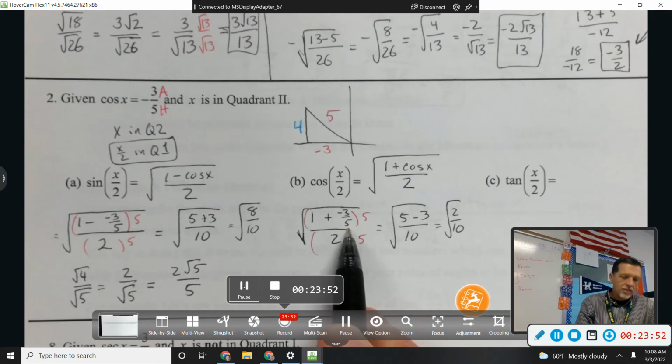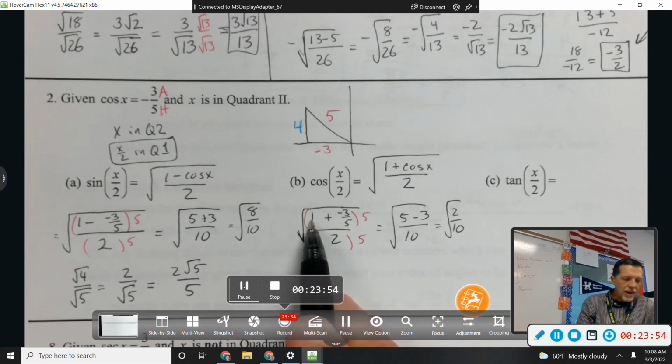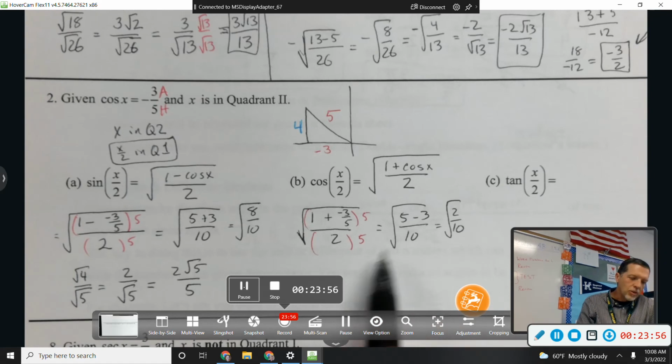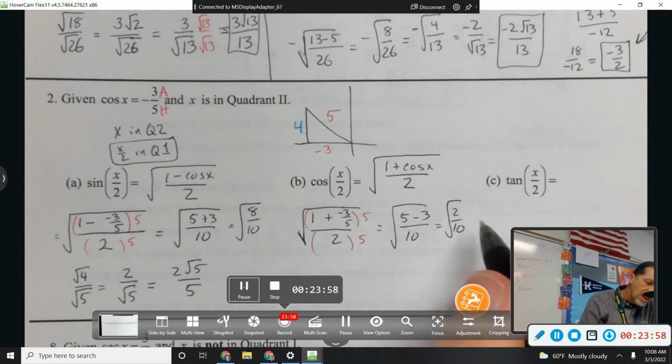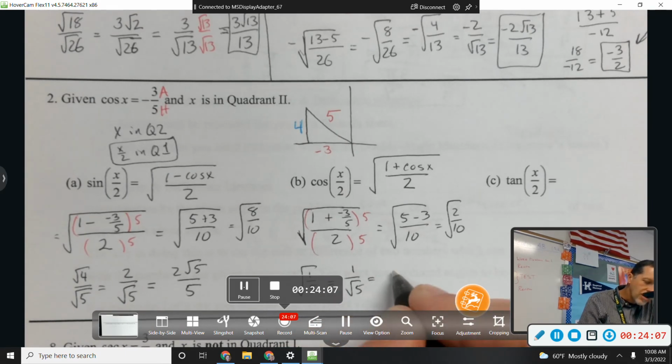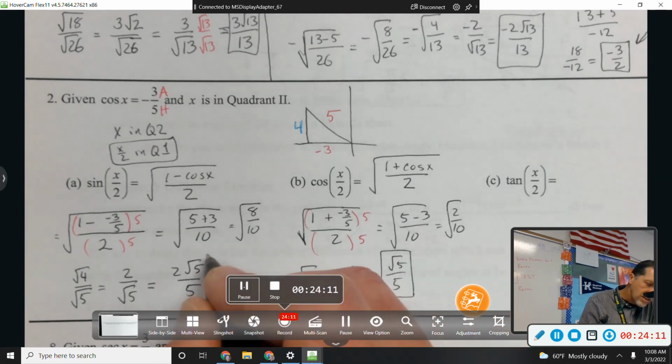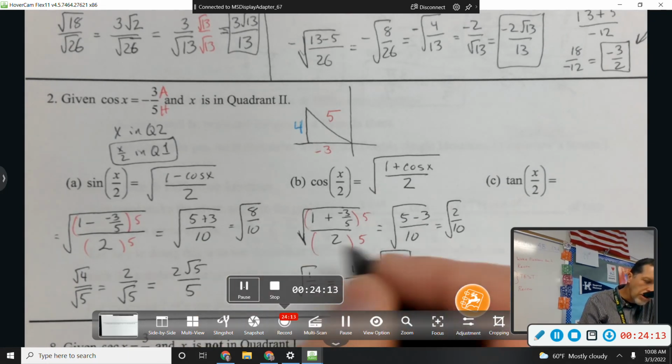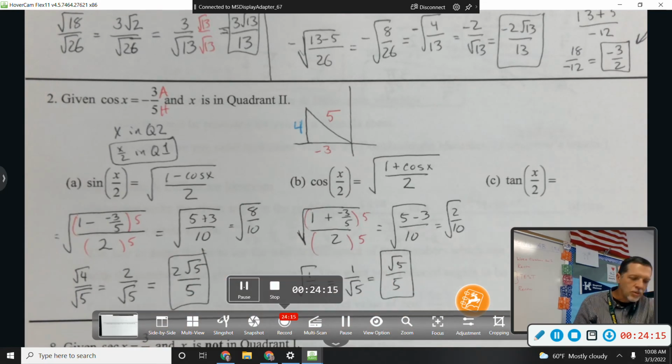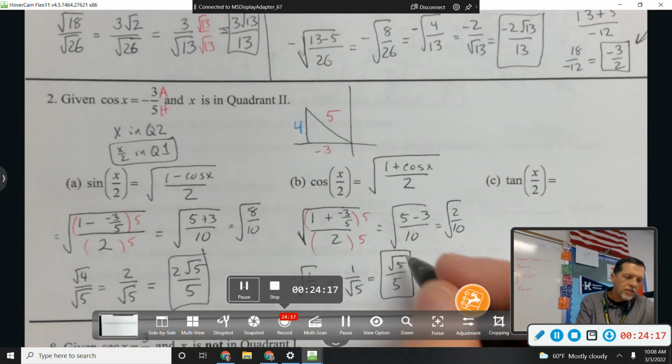Make sure you distribute it to everybody in the top. 5 minus 3 is 2. 2 times 5 is 10. 2/10 reduces. So 1 over root 5, which becomes root 5 over 5. And, oh yeah, we were in quadrant 1. I'm checking at the end as well. Quadrant 1 should be positive. They all should be positive.